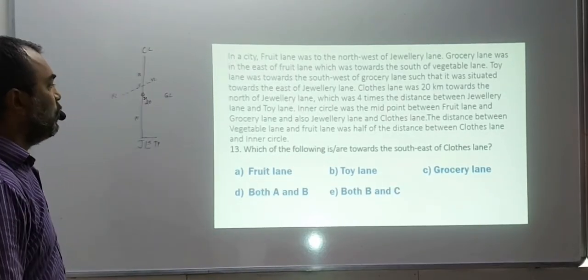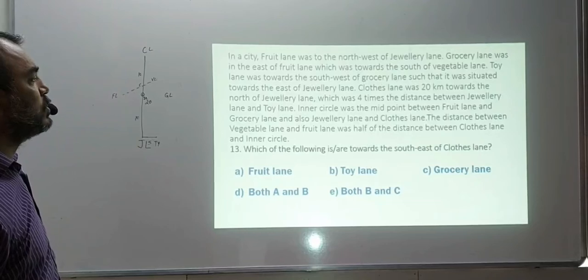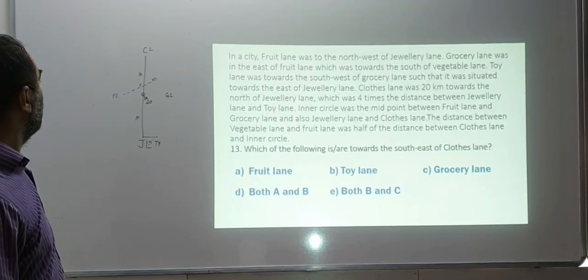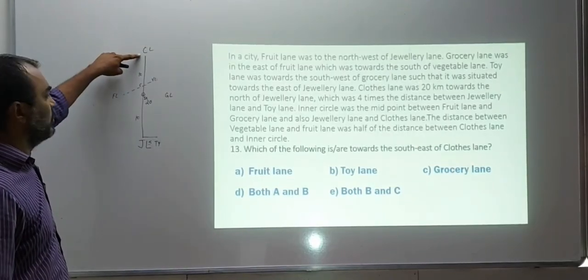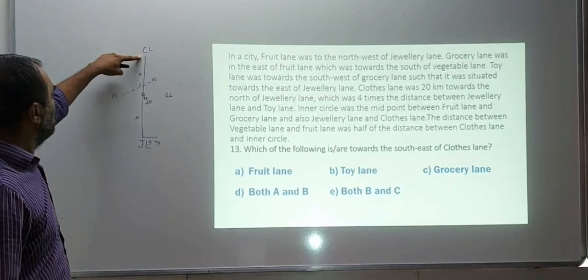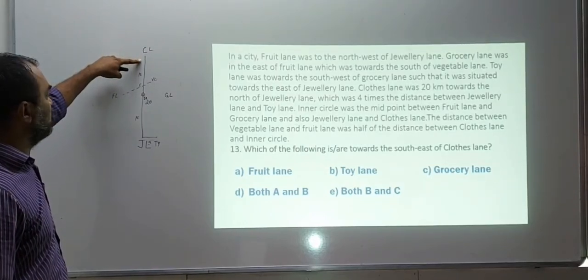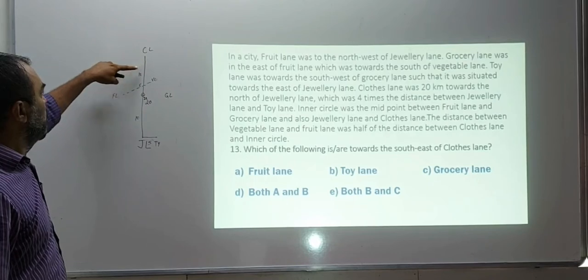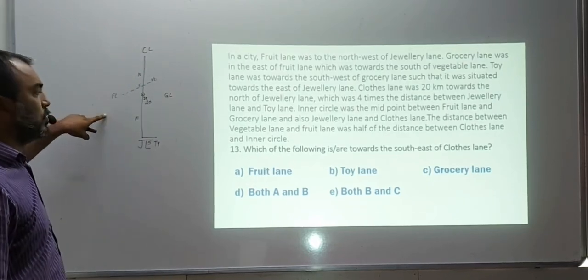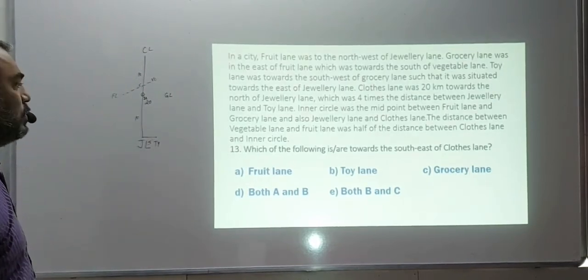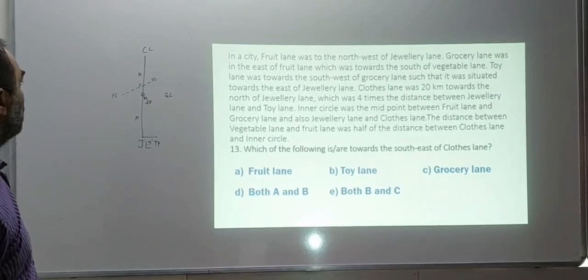Now let us see the question and the options. Which of the following is towards the southeast of Clothes Lane? So where is the Clothes Lane? Right here. Okay? So what do you do with the southeast of Clothes Lane? Southeast, so down south. There is Fruit Lane, Toy Lane, Grocery Lane.